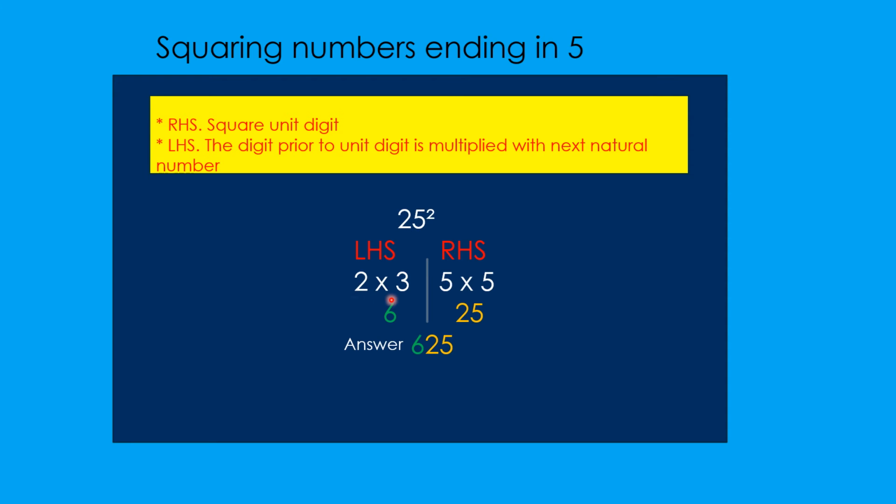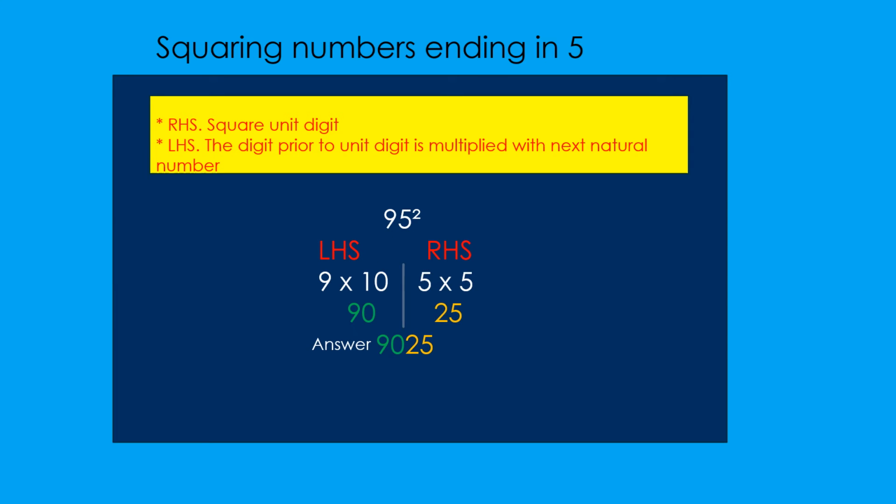So 2 times what comes after 2, which is 3. 2 times 3 is 6. That's how you get your LHS. In RHS, you just square the digit of the unit place. The digit at the unit place is 5. 5 times 5 is 25. So bring your LHS and RHS together to get the final answer, 625. One more example.